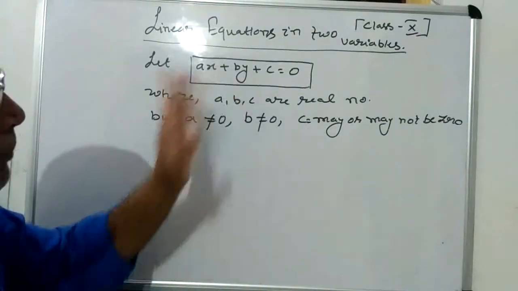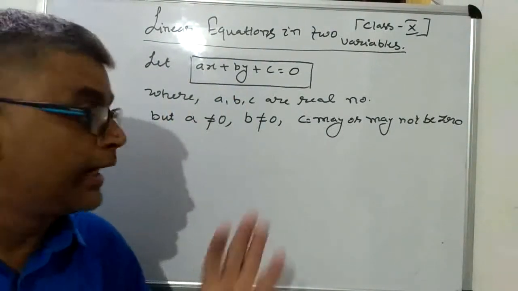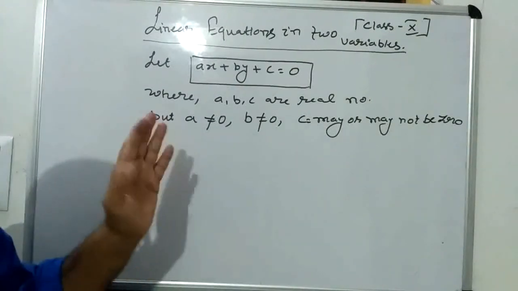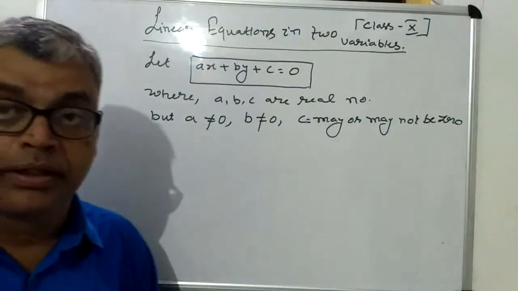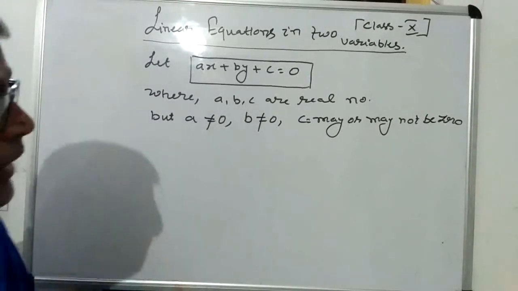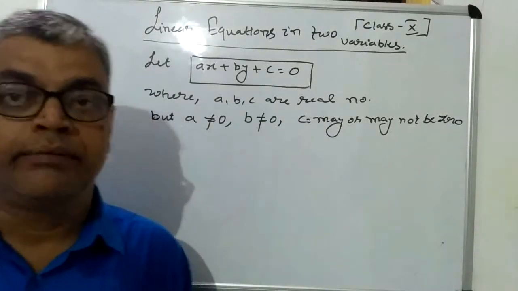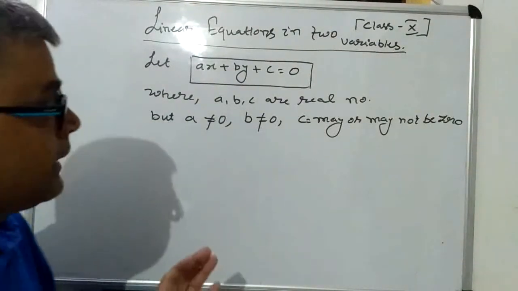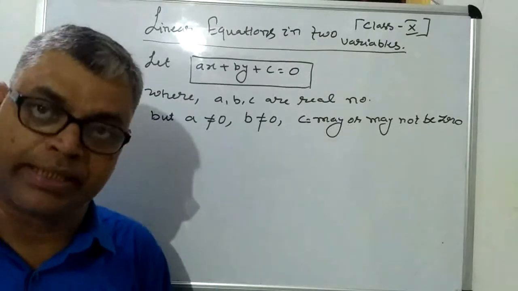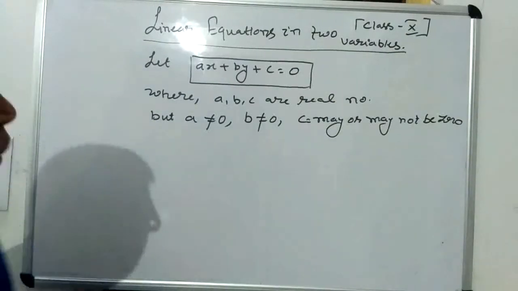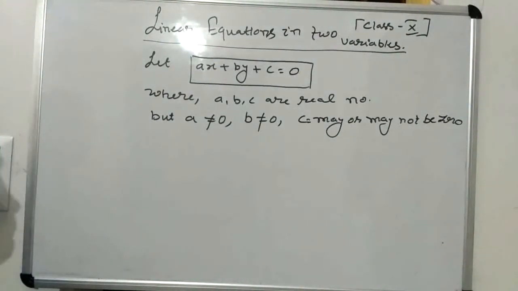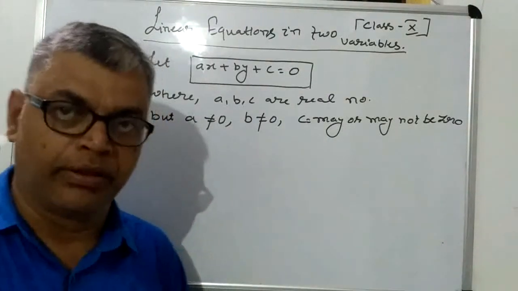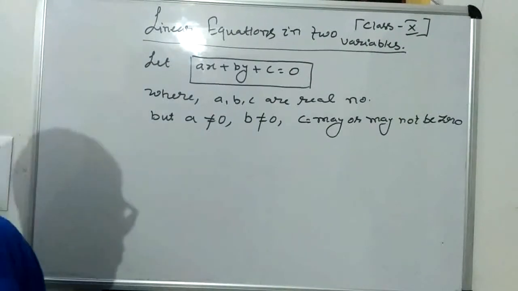Similarly, when b becomes 0, the y term will be eliminated, so again it will become a linear equation of one variable. But when c becomes 0, only the constant term is eliminated, so there are still two variables x and y. So this equation is still called a linear equation of two variable when c becomes 0 also.